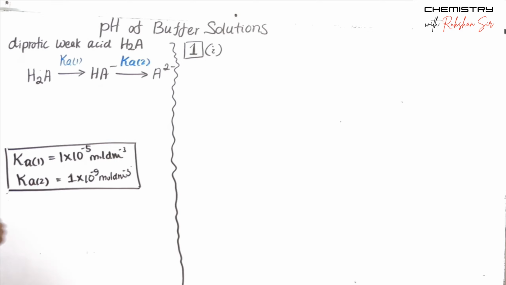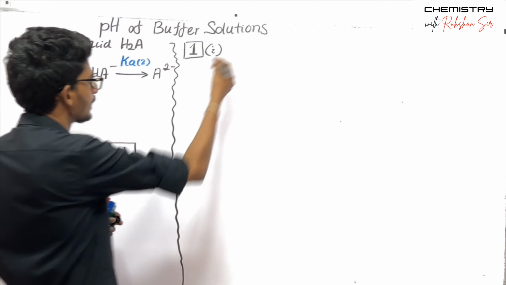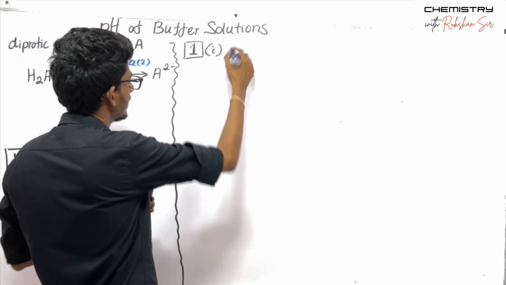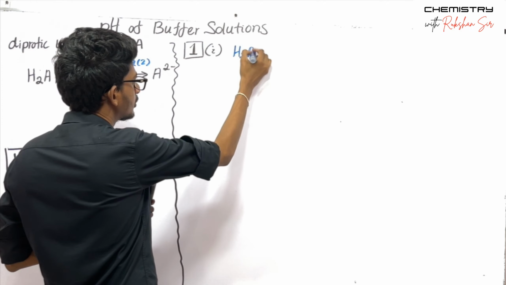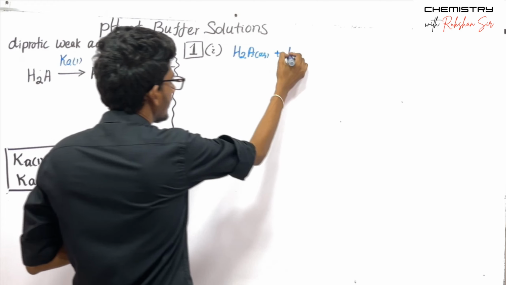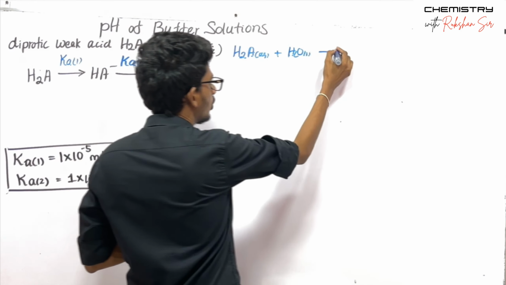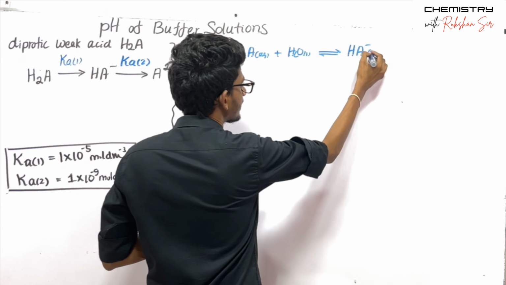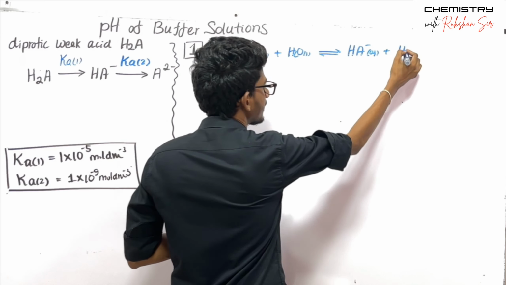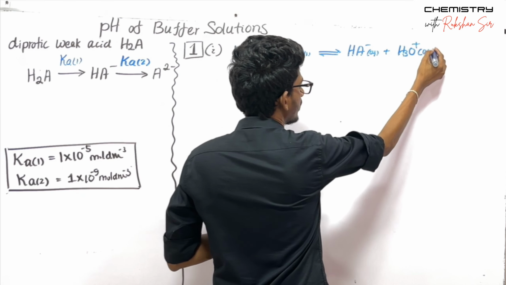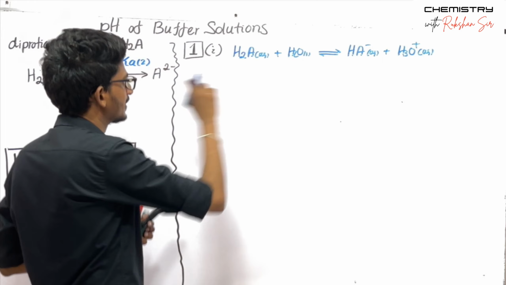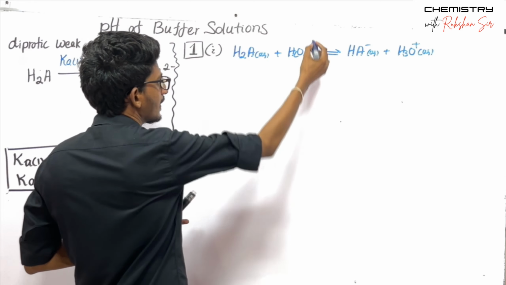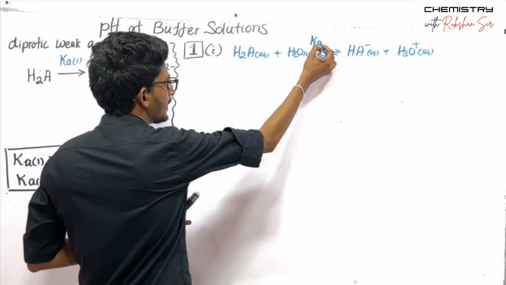If you are with the first equilibrium, it's like this: H2A reacting with water to give you HA minus, releasing the first H plus and forming H3O plus. This is referred to as Ka1.